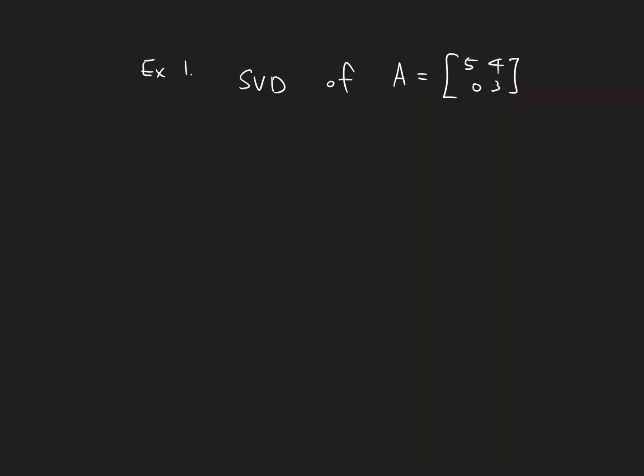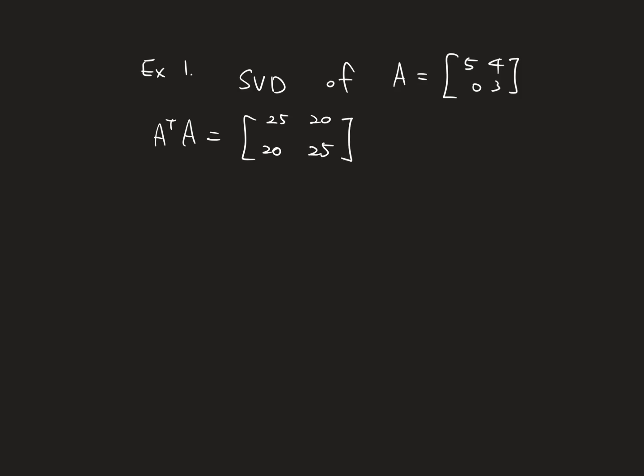So we want to find the singular value decomposition of the A matrix, 5 4 0 3, and first we calculate A transpose A, which is 25, 20, 20, 25.